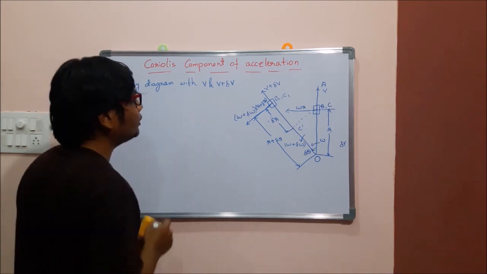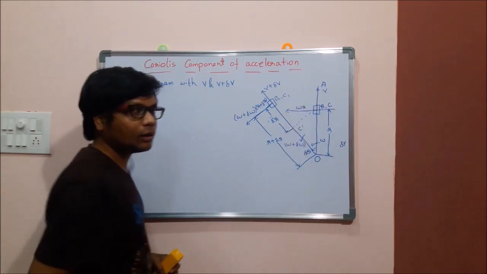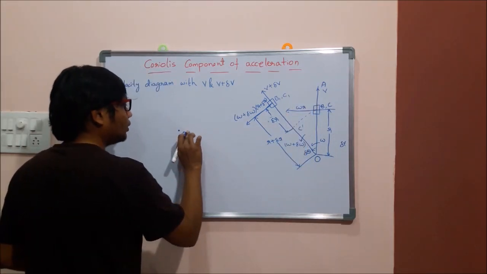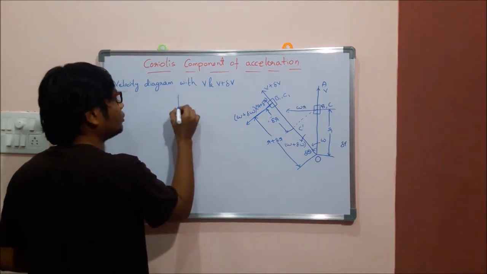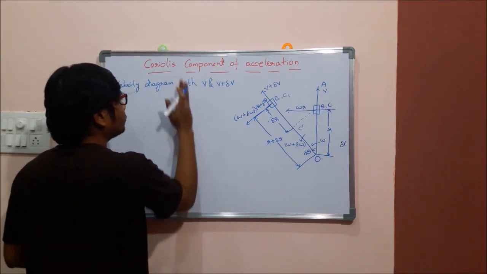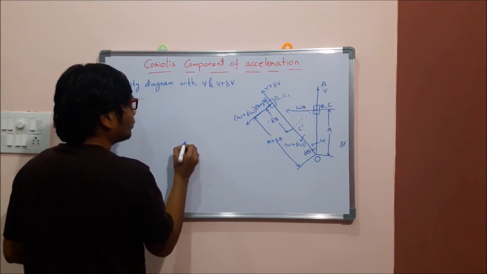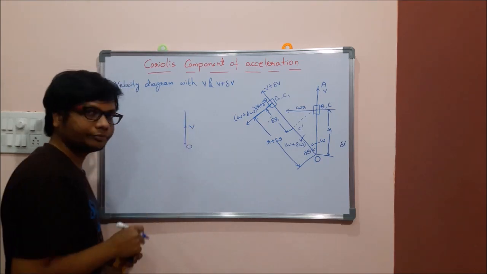So first we go for the diagram. What is the direction of v here? It acts in the vertically upward direction. So consider one point here as O dash or O only. Then draw one vertical line up to some extent. We don't know the exact value, so we represent it approximately. Try to draw this somewhat below. I'm assuming here O. So draw one line up to a particular distance and represent it as v.